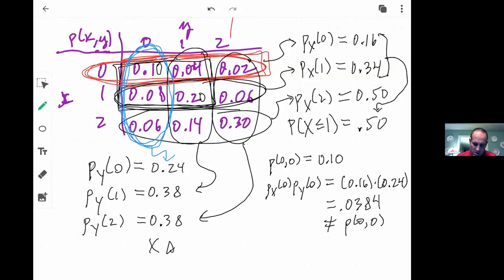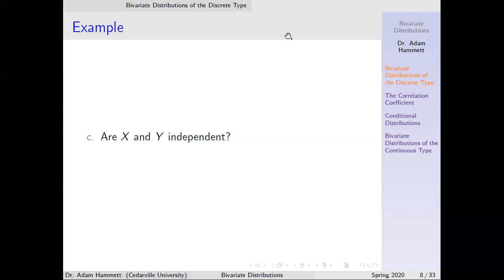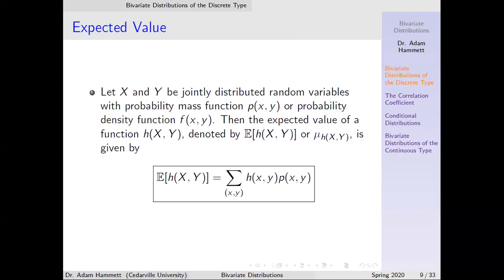So x and y are dependent. Okay, dependent in this particular case. So there you have it. So are x and y independent? No, they are not. Okay, so there you go.